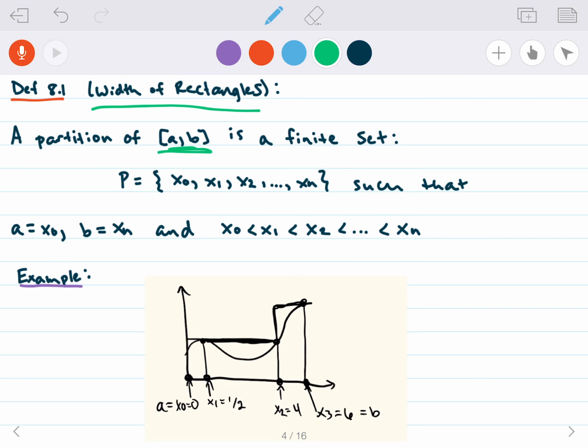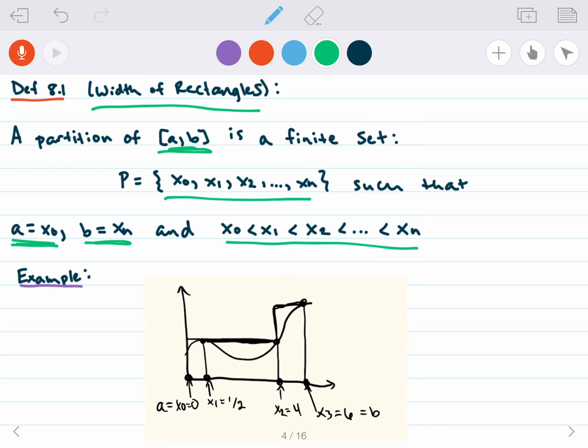If we have an interval from a to b, a partition is a finite set x naught through xn, so that the starting point of your interval is x naught and the ending point is xn, and the order is what you would think. We can order this set of numbers in our partition so that x naught is the smallest and xn is the largest.